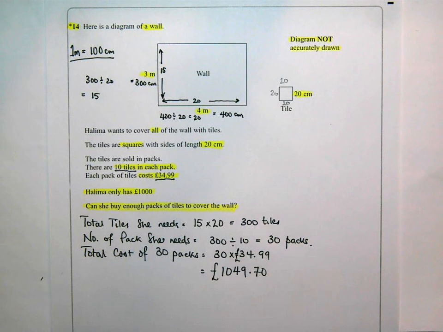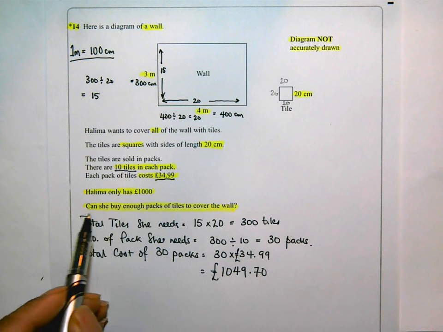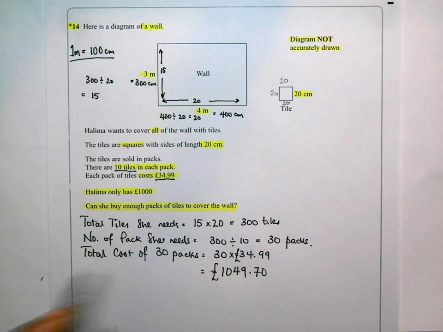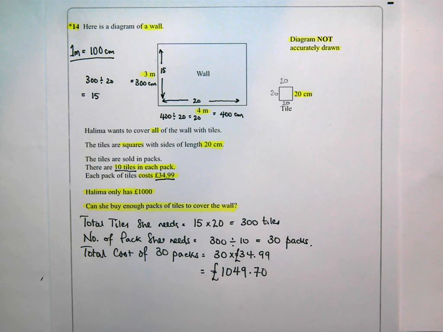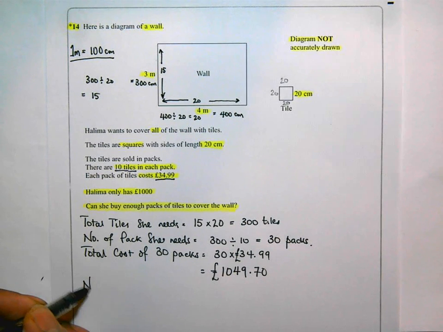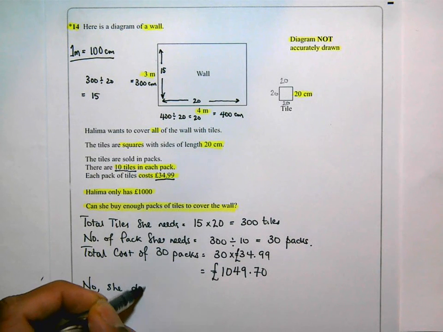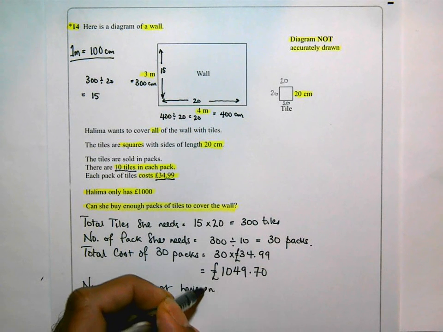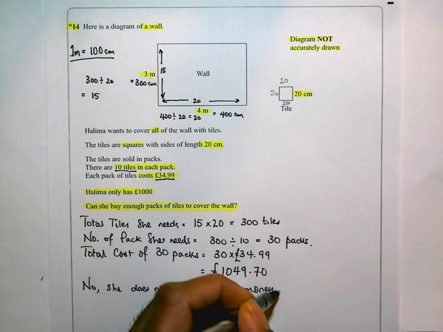Now, going back to the question itself, Halima only has £1,000. Can she buy enough packs of tiles to cover the wall? It's pretty obvious here, right? The total cost of these tiles to cover the wall is going to be £1,049.70. So the answer is no. She does not have enough money to buy the tiles.